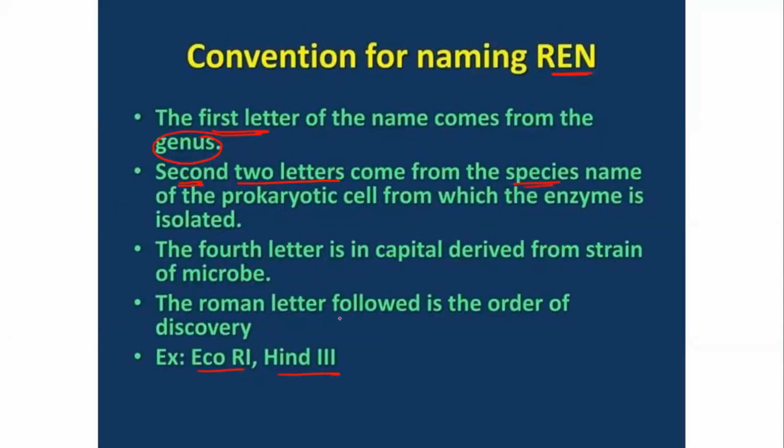The fourth letter is in capital, as in EcoR1, capital R, and it is derived from the strain of the microbe. And the Roman numeral that follows is the order of discovery, the number of discovery.